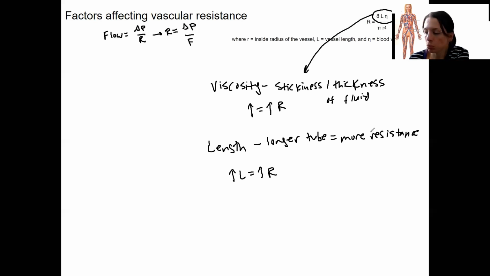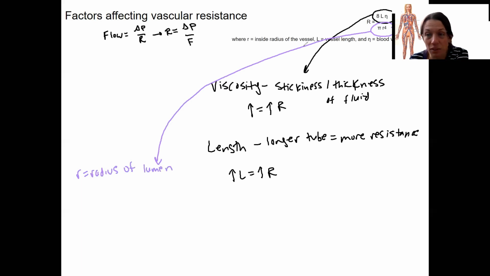Okay, the last one is a denominator value. Both things so far were things that if you increase them, it increases resistance. This is one that is inversely related to resistance. That means as you increase it, resistance decreases. This is r, the radius of the lumen, the inside of the vessel.